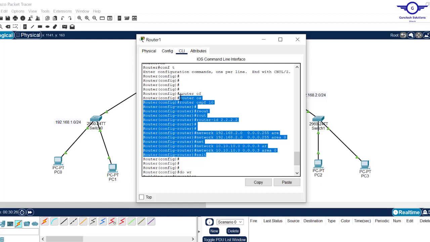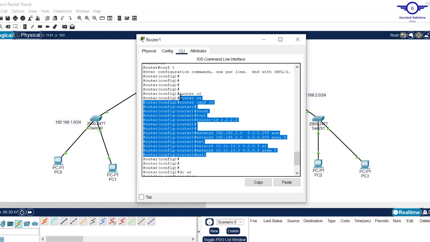For those routers with OSPF, we have to define the router ID, and for the network, how do I know how to get those area values?